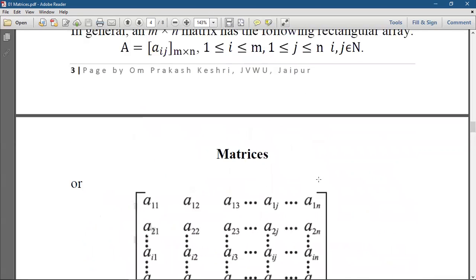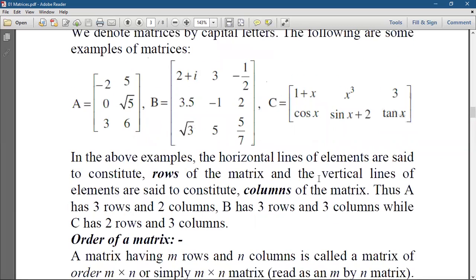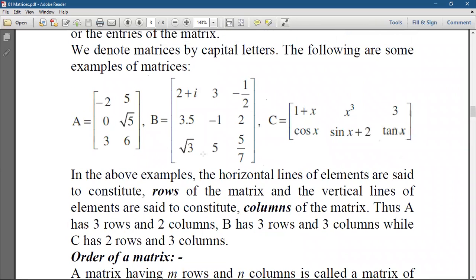Now look at this example. The diagonal elements of this matrix are 2 plus i, minus i, 1 and 5 by 7. But this matrix doesn't have a diagonal because the diagonal elements are only 1 plus x and sin x plus 2, but one column is also there.